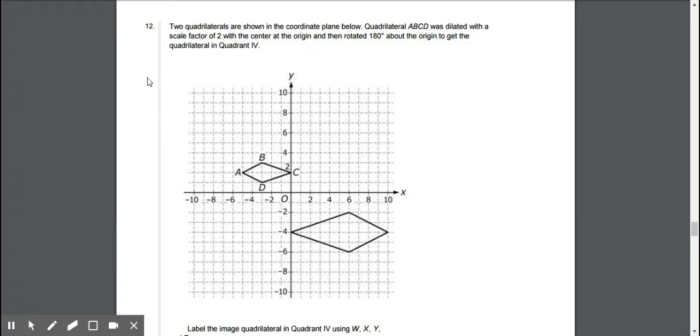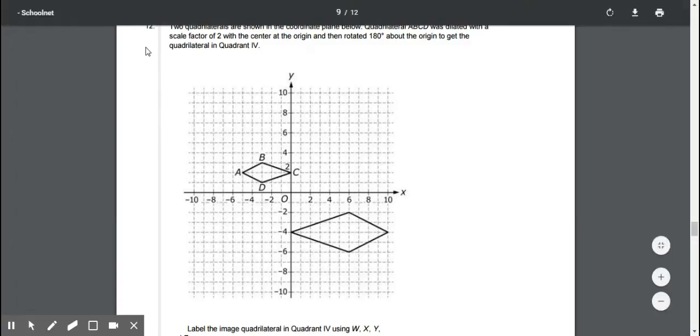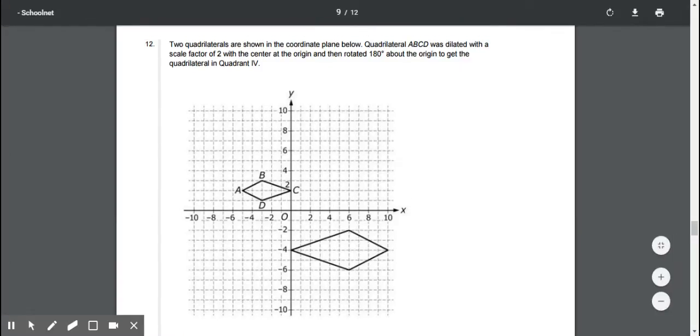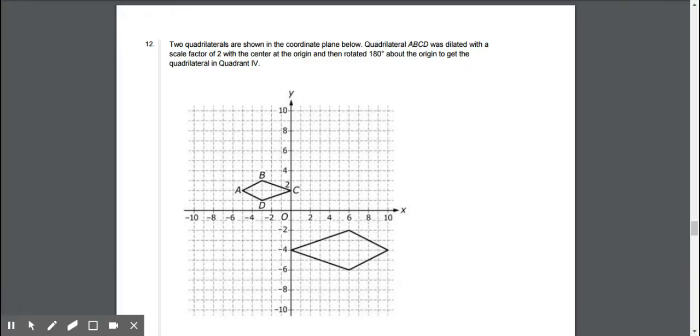Question 12. Two quadrilaterals are shown in the coordinate plane below. Quadrilateral ABCD was dilated with a scale factor of 2 with the center at the origin, and then rotated 180 degrees about the origin to get a quadrilateral in quadrant 4.